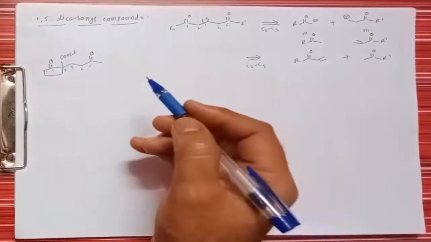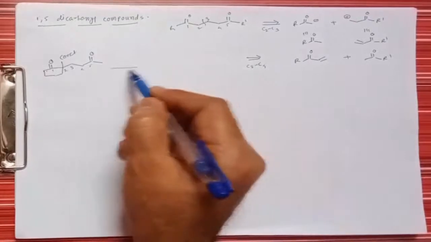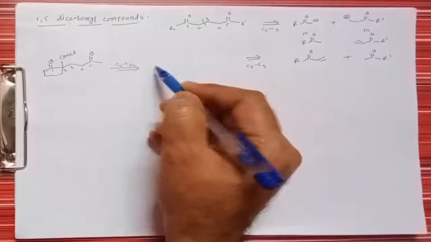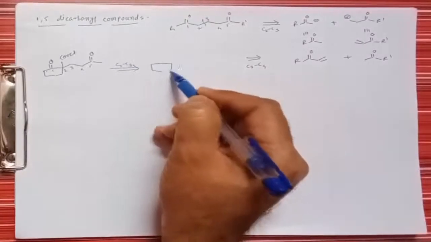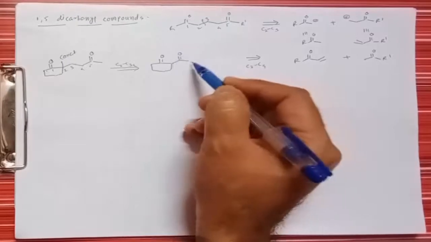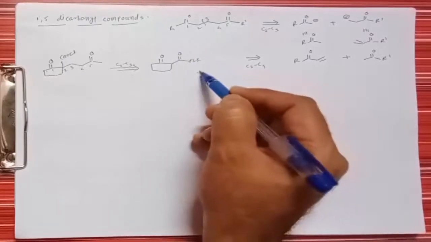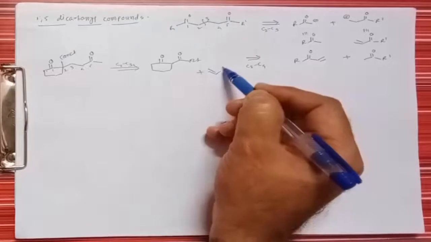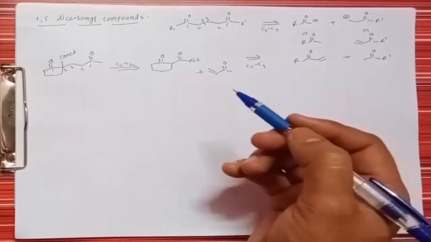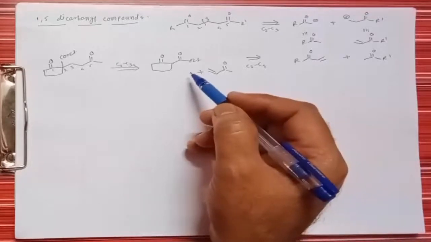So this is a 1,5-dicarbonyl pattern. Then we can break the bond at the C2 C3 position. If we break the bond at the C2 C3 position, from one side it gives a compound like this, OEt, along with the formation of a positive charge, and the positive charge we can take as a double bond. So this is the molecule.